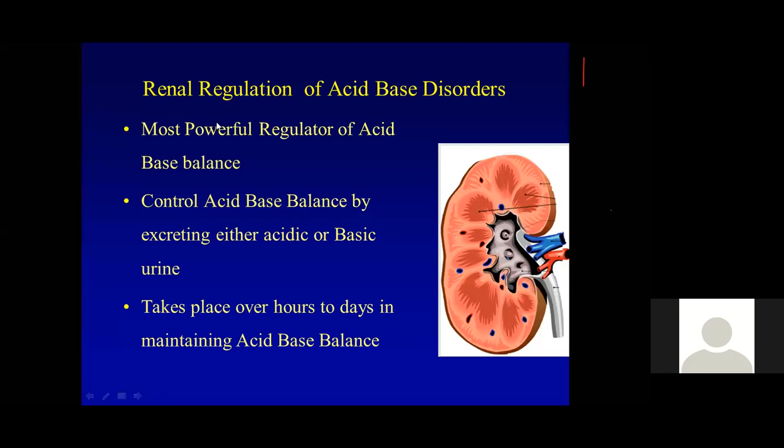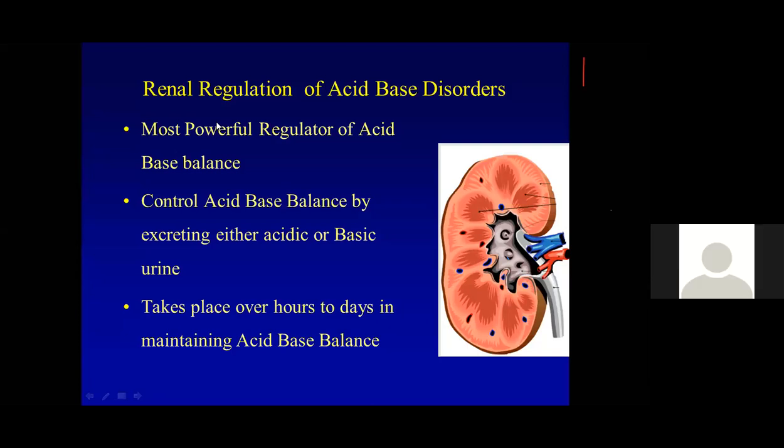That is how the kidneys function. But unlike ventilation, where the lungs adjust very fast and try to bring back the pH, the renal system usually takes some hours to days to maintain the acid-base balance.